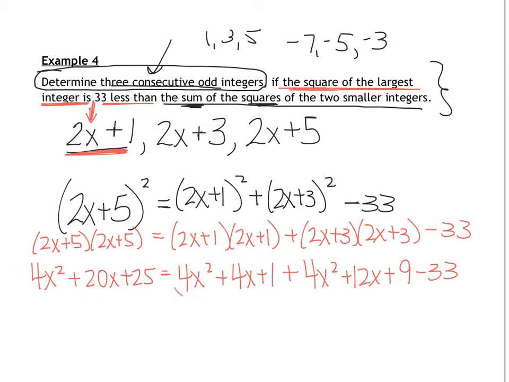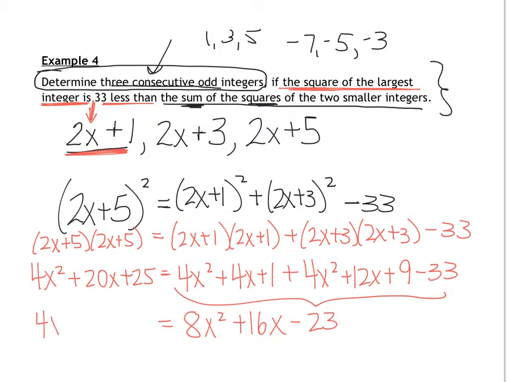So then I'm going to combine some like terms on this side. So I'm going to get 8x squared plus 16x minus 23. And over here I've got 4x squared plus 20x plus 25.